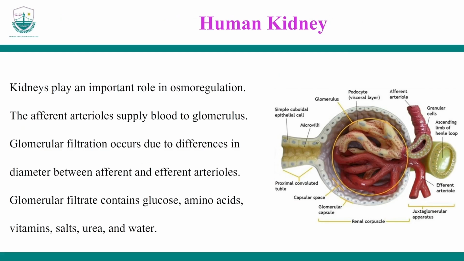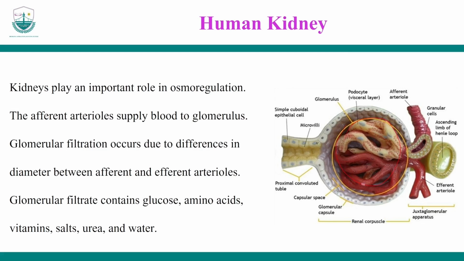So that brings us back to the discussion of the role of the kidneys in osmoregulation, that is, the role of the kidneys in maintaining water balance and also salt balance. If we recap what we discussed, in the nephron, which is the functional unit of the kidney, you have a network of capillaries that form what we call the glomerulus.